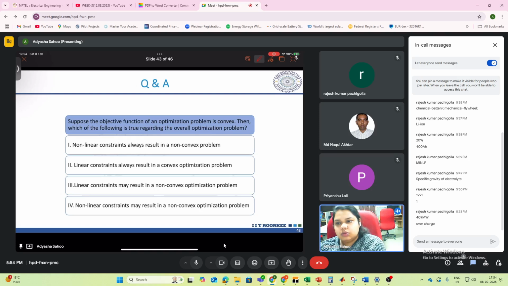Then suppose the objective function of an optimization problem is convex. Which of the following is true regarding the overall optimization problem?